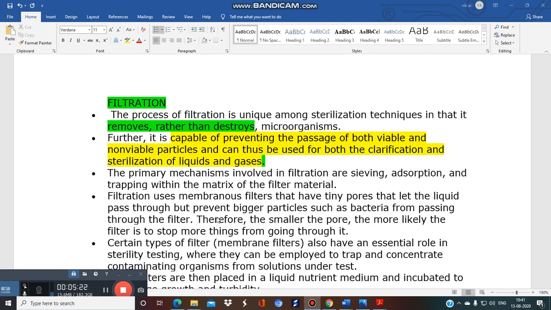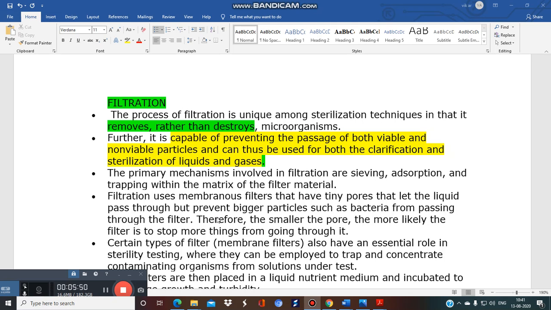Ophthalmic products are those intended for eyes, or you are working on a parenteral preparation, such as an injection. The air that comes inside the laboratory or the working place should be completely sterilized. It should not contain any microorganism, because otherwise it will contaminate our sample.